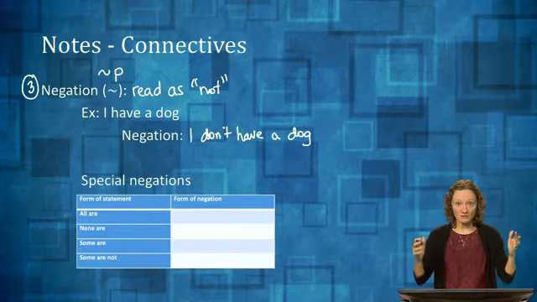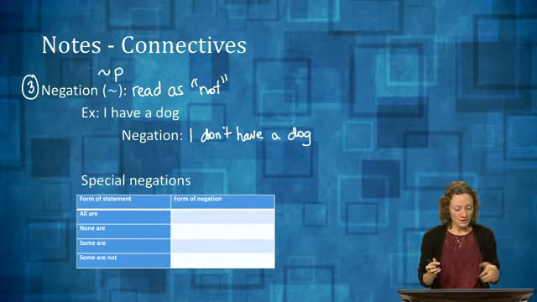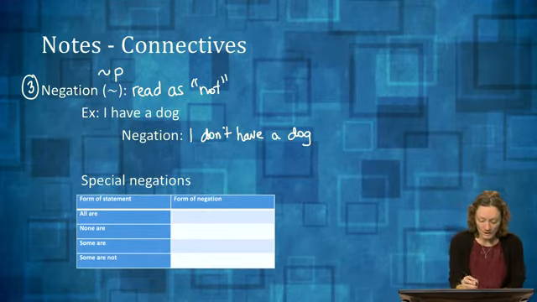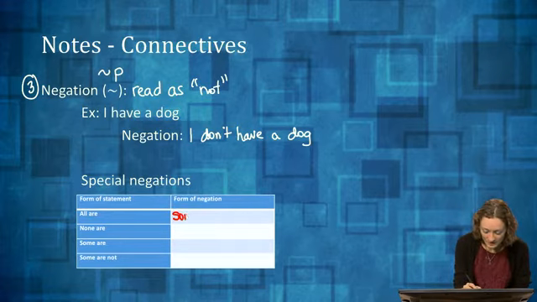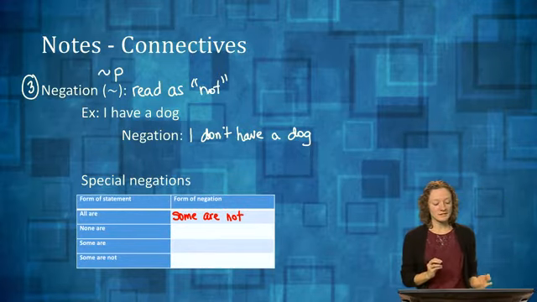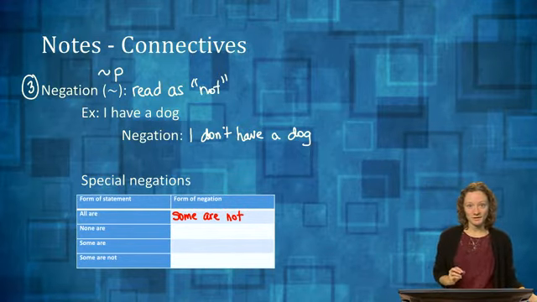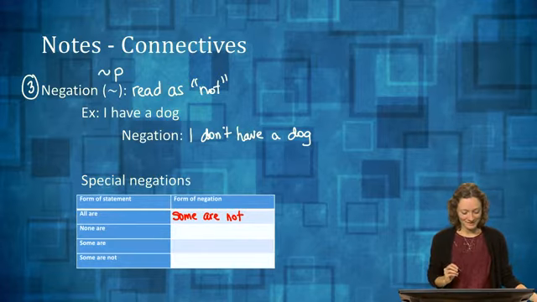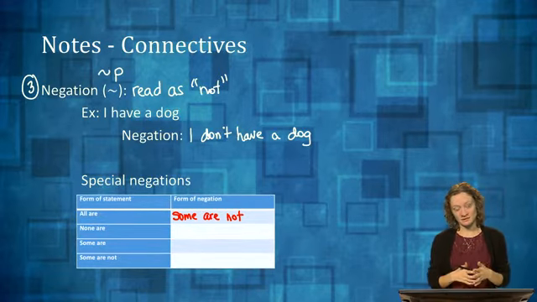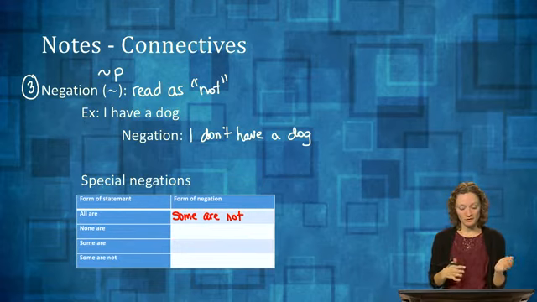My statement, all of my students are pizza lovers, is wrong. So the opposite of all are is some are not. If some of my students are not, then I'm wrong. I really like to think of this part as making you good at arguing. So the opposite of all are is some are not. The thing that makes all are wrong is some are not.